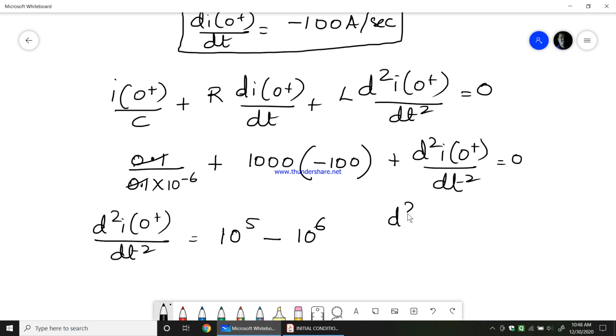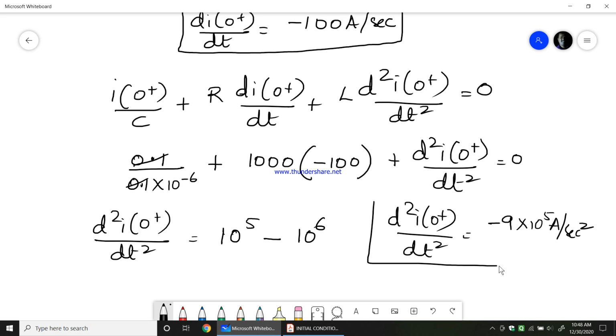Therefore d square i(0+) by dt square equals minus 9 into 10 power 5 amperes per second square. So this is the solution for problem 3 which we have taken. We found d square i(0+) by dt square, we found di(0+) by dt, we found i(0+), so hence the solution.